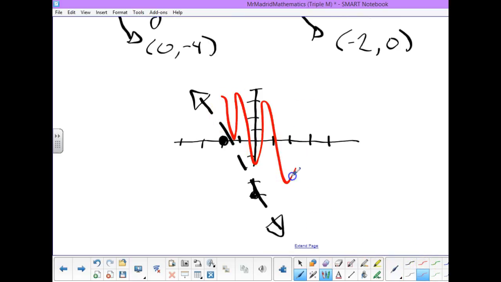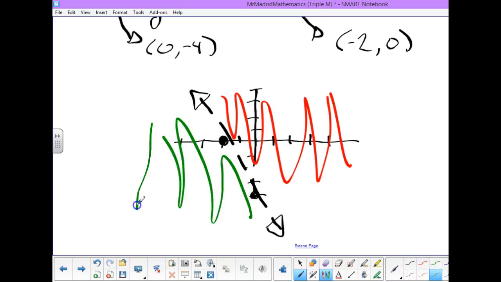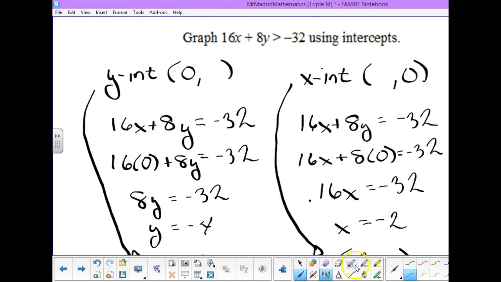We have this region and we have this region. So what I'm going to do here is I'm going to pick a point in the red region, specifically 0, 0, only because mathematically it's very convenient to do so. So let's go ahead and plug that in here.